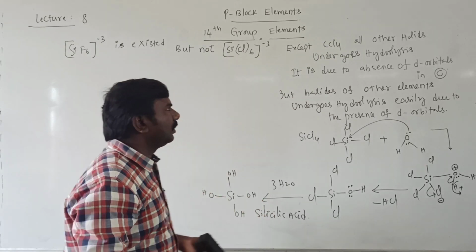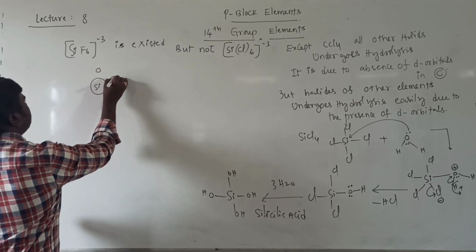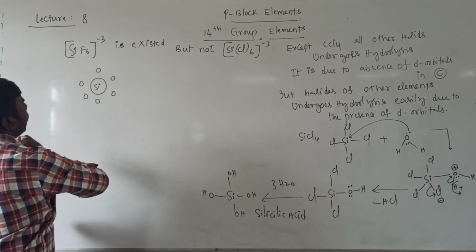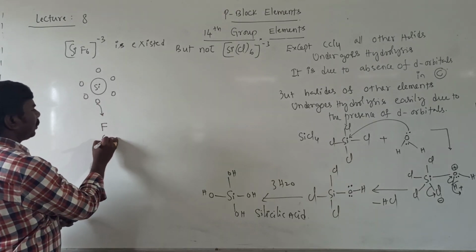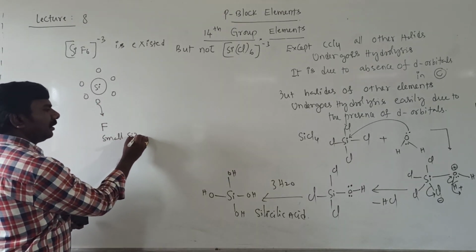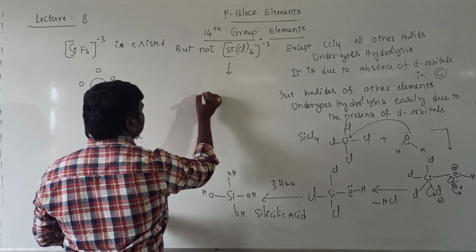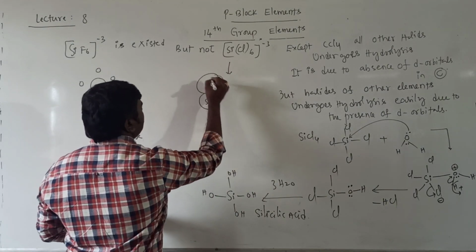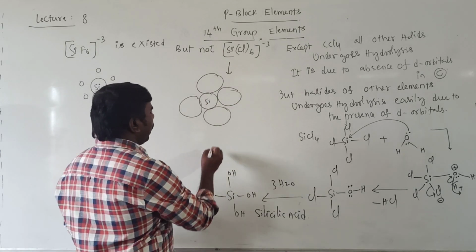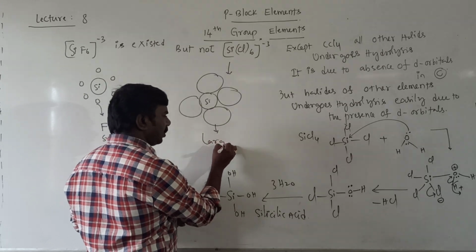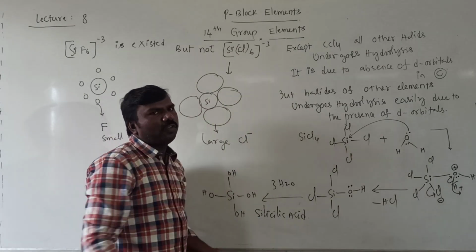The reason is, on silicon, 6 smaller fluorine atoms are possible. These are fluorine atoms, small size, right? But in this case, silicon is larger. What are they? Halides. These are large, Cl minus. Only how many possible? 4.